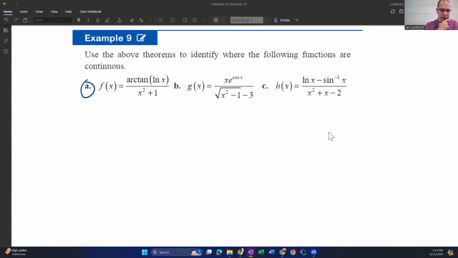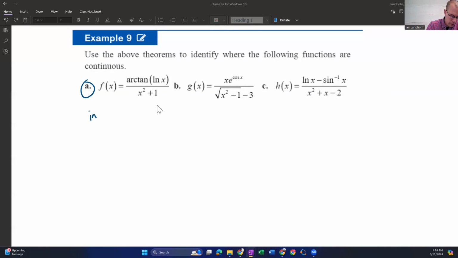So let's look at part A. Here we've got the natural log of x on the inside of the arctan function, and then we've got a rational portion on the outside. So maybe we look at this as a composition of three functions and work our way from the inside out.